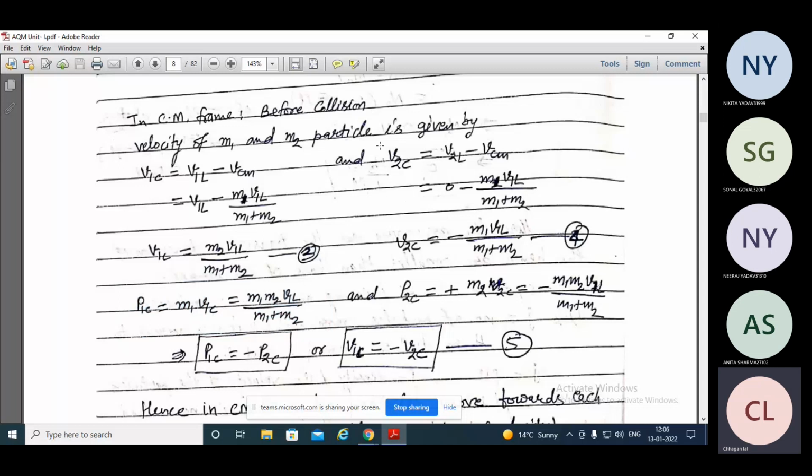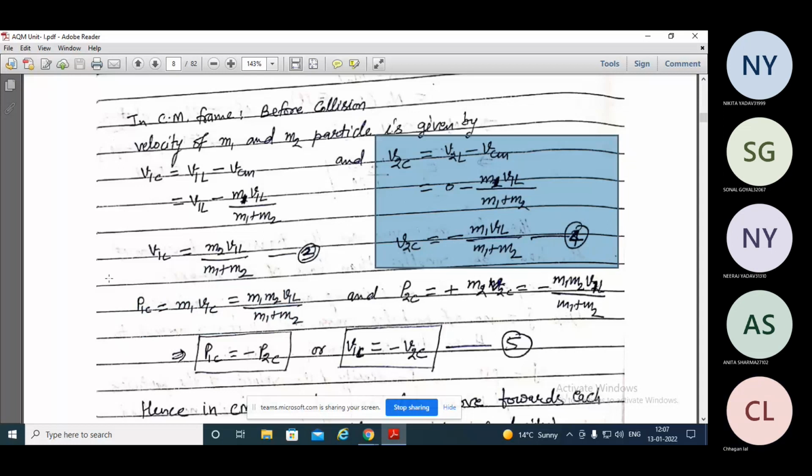After that, for the m2 particle we get exactly the same type of solution: v2C equals minus m1 v1L over m1 plus m2, represented by equation number 4. Again we calculate the momentum of the second particle m2, represented by p2C equal to m2 v2C. Putting the v2C value from equation number 4, we get minus m1 m2 v1L over m1 plus m2.